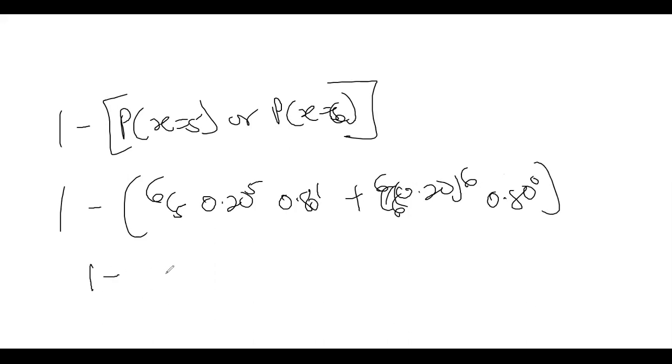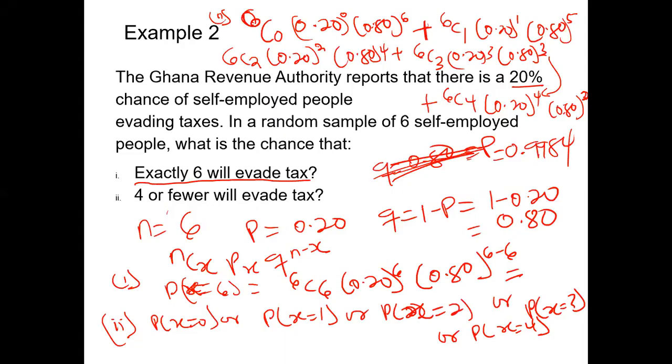So essentially you get 1 minus 0.0016, then you get 0.9984, okay? Which is essentially similar to the answer we got. So this brings us to the end of our discussions on binomial probability distributions.